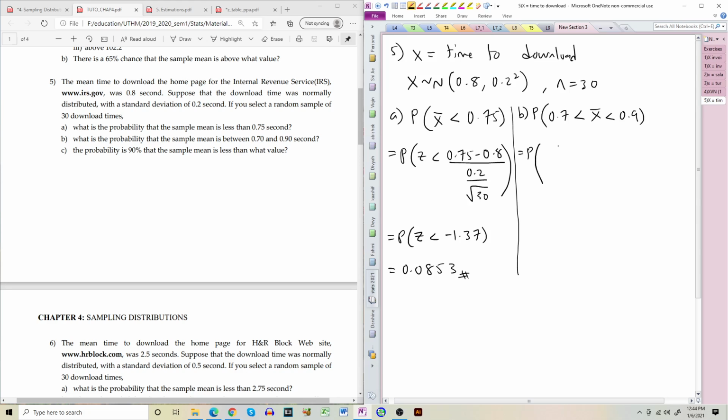B, between 0.7 and 0.9. Right now you should have the confidence on doing this kind of question, because you can see the pattern is almost the same.